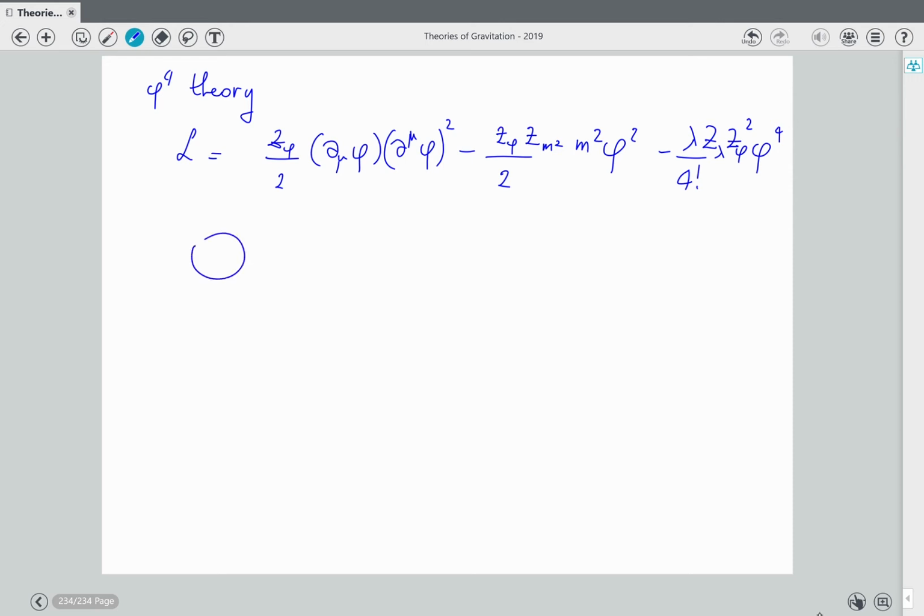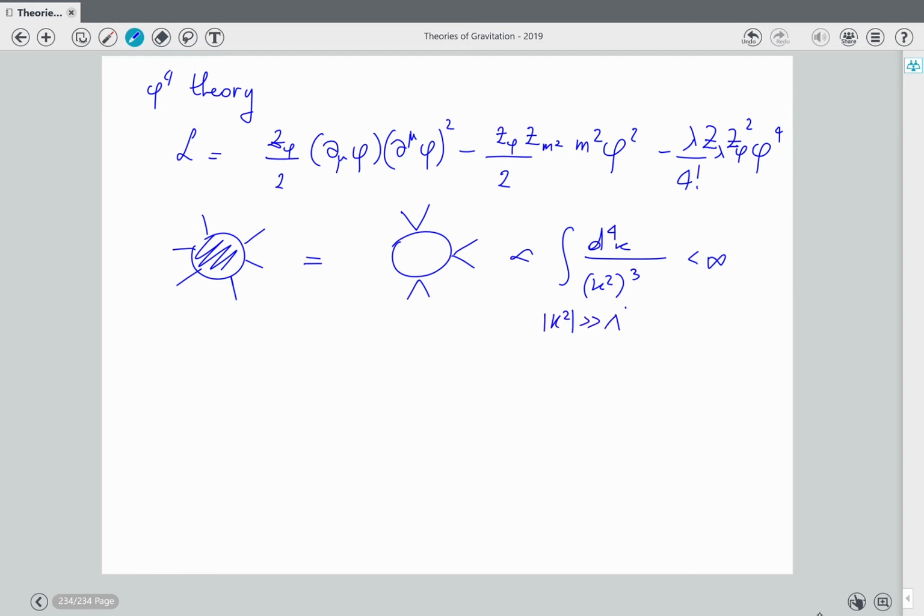For example, you can check that there is no divergence with phi to the 6th in the phi to the 4th theory, because a diagram like this has 3 propagators inside, so you will have an integral over a loop momentum, but with 3 propagators, and that's convergent for k squared much larger than lambda squared.